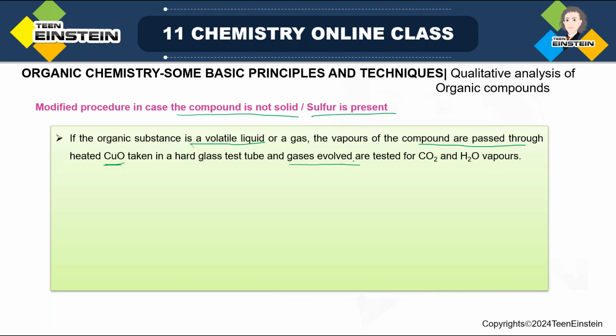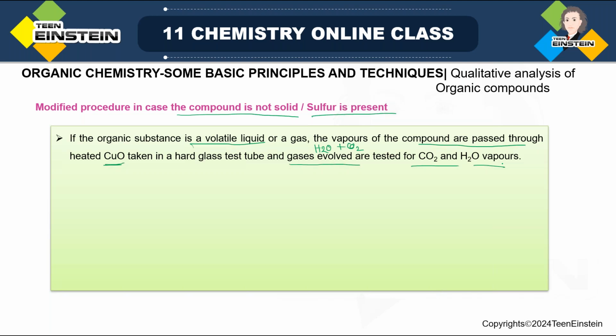If carbon and hydrogen are present, then which gases will come out? H2O vapor and CO2. They will be tested as you have already seen, using copper sulfate to detect whether H2O is present, and calcium hydroxide solution, which is lime water, to detect CO2 as usual.